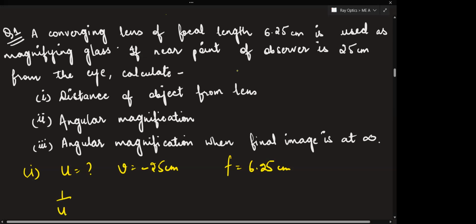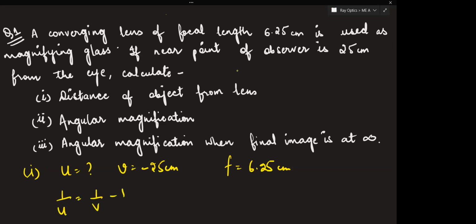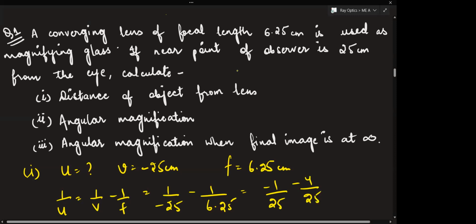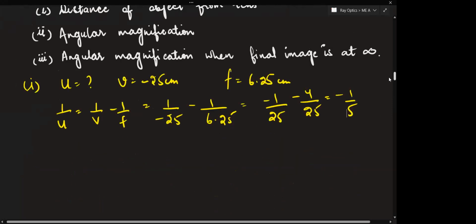So 1 by U will become 1 by V minus 1 by F. So 1 by minus 25 minus 1 by 6.25, right? So minus 1 by 25 can remain. So 100, then 4, then this can be minus 4 by 25. So this is minus 1 by 5. So 1 by U is minus 1 by 5. U will be minus 5 centimeters.